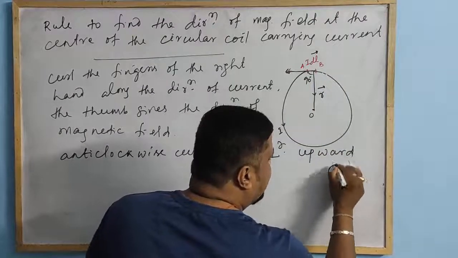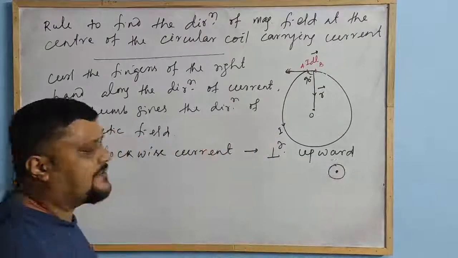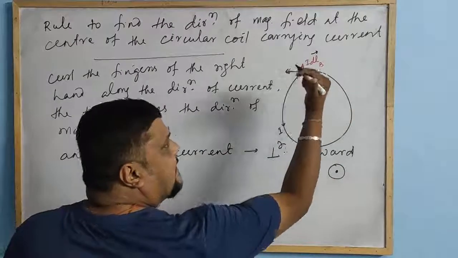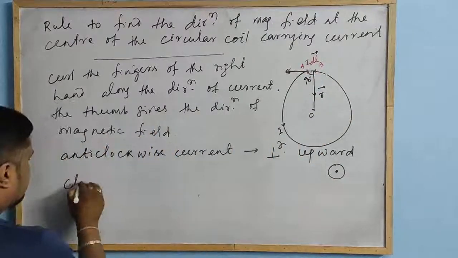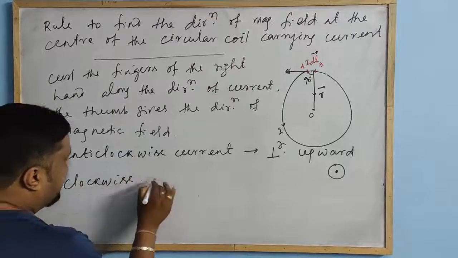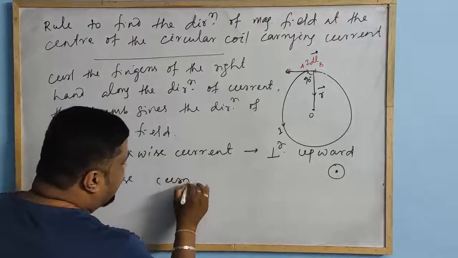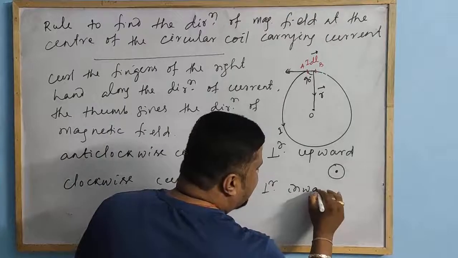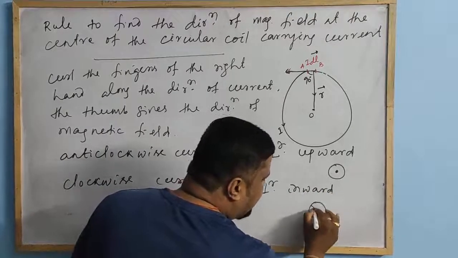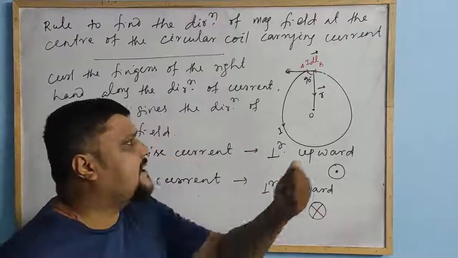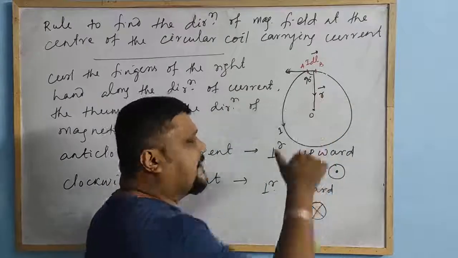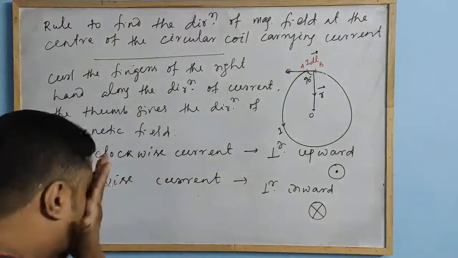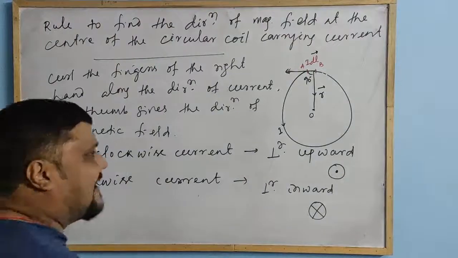How can you show that symbolically? You can show the magnetic field perpendicular upward with a dot, right? And for clockwise current, perpendicular inward. How can you show that by symbol? Cross. Perpendicular inward by the right hand rule. That is the rule to find the direction. Clear? So, another thing, then we apply this.